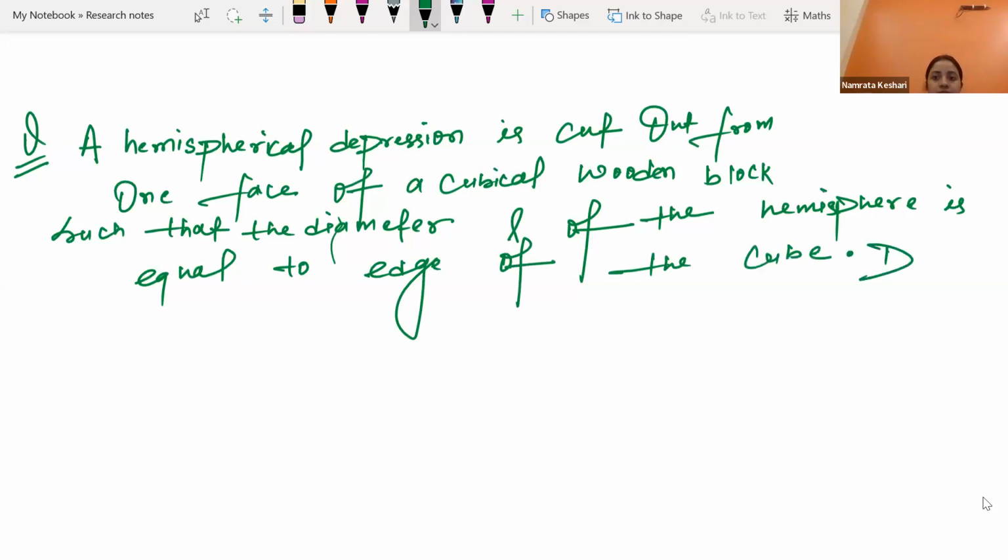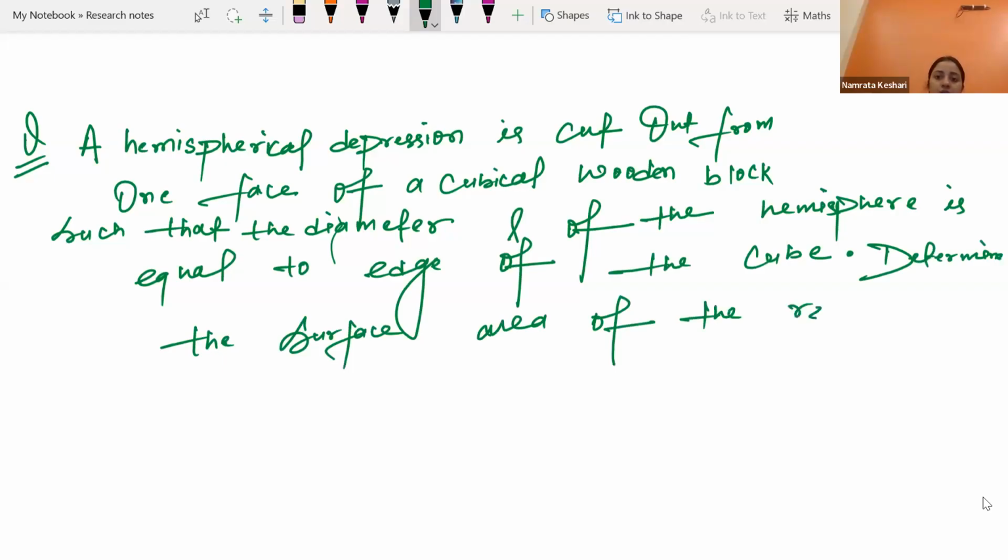Determine the surface area of the remaining solid.